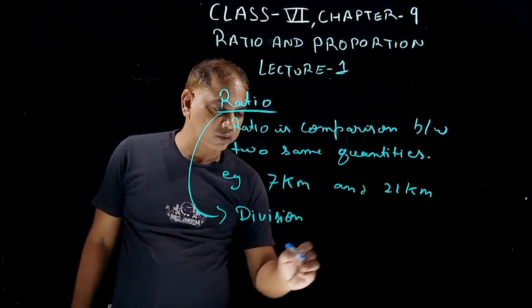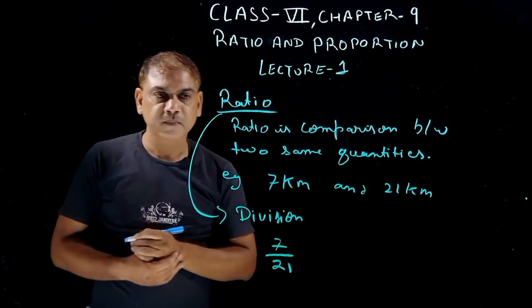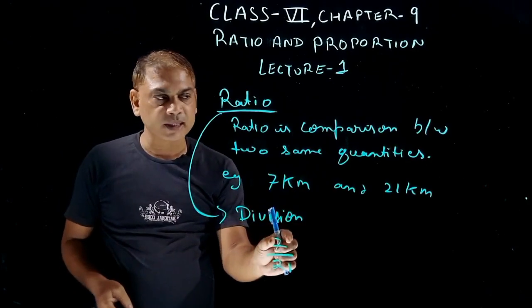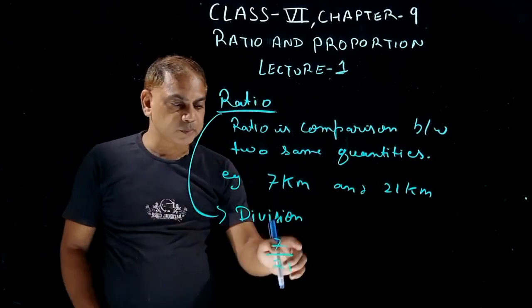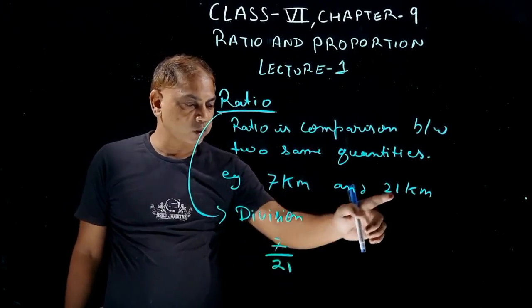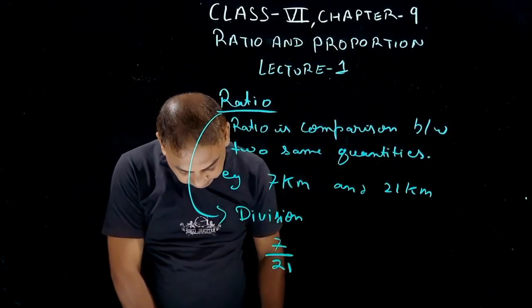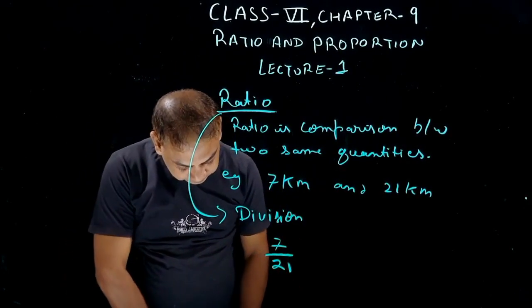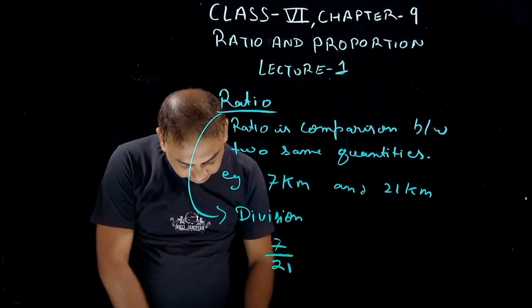7 and the 21. So we can write this as 7 upon 21. First one is written as numerator and the second one is written as denominator. So this becomes a fraction. So 7 is the numerator and 21 is the denominator. Now 7 upon 21, this fraction is the ratio.